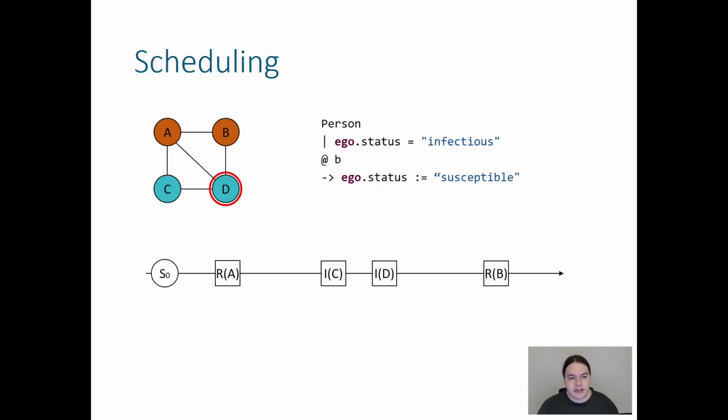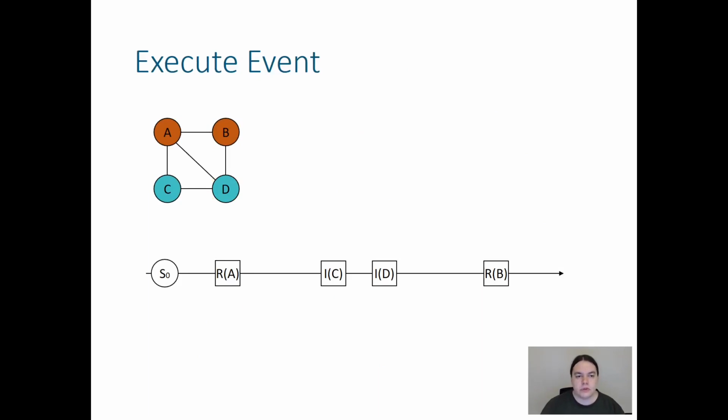Now that we've scheduled all events, we can go on to execute the first event. What we do is we always execute the event that is scheduled to happen first. And in this case, it's the recovery of the agent A. And when we execute it, we get this new model state where everything is the same except that the agent A is now susceptible instead of infectious.